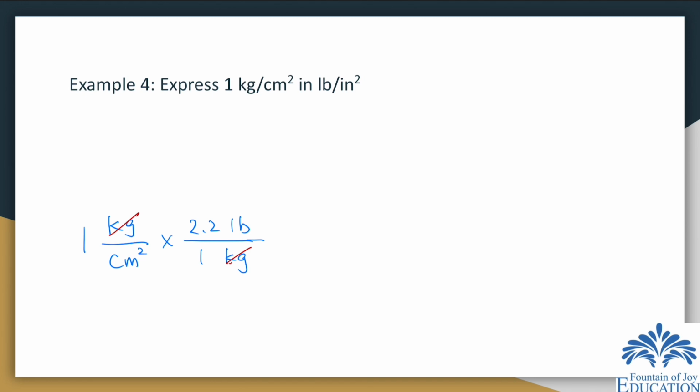What's worth noting is that the unit of square centimeter means centimeter times centimeter, which means that we need to convert centimeter to inch twice by applying the conversion factor of 2.54 centimeter per 1 inch twice.